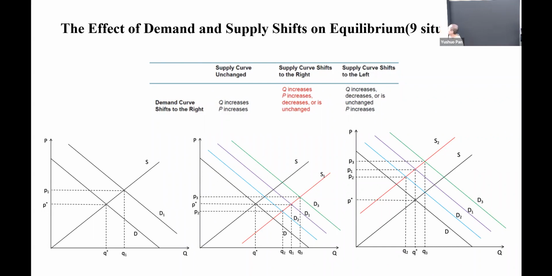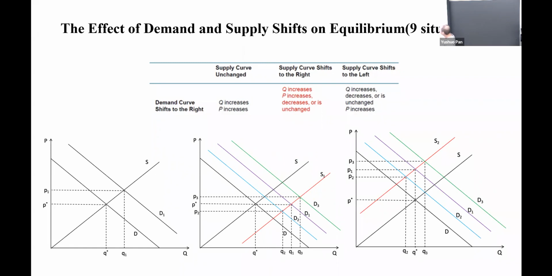If the demand curve shifted to the right and the supply curve shifted to the left, so the supply curve shifted from S to S2, there are still three different scenarios. If the demand curve shifted by the same amount, the quantity will not change, but the price changed from P star to P1.